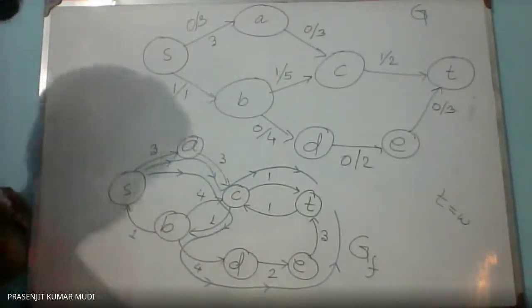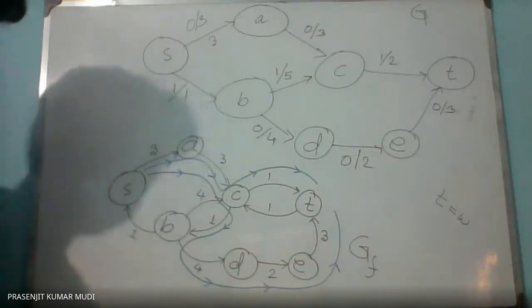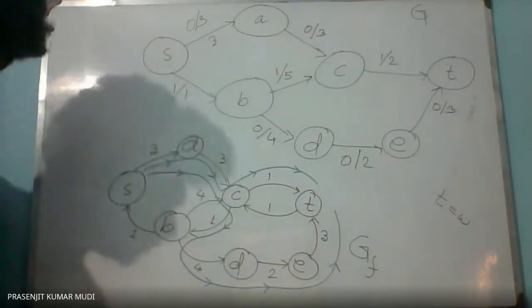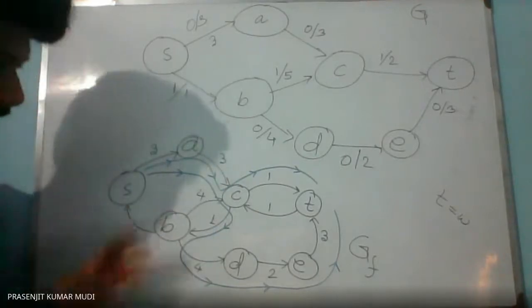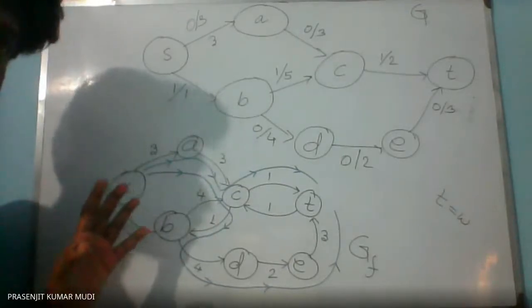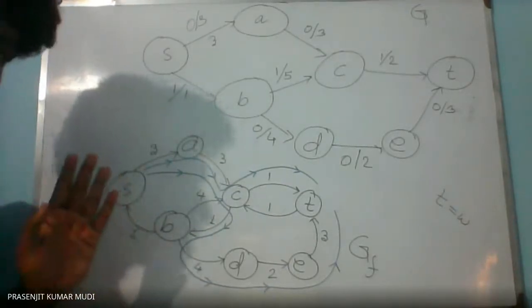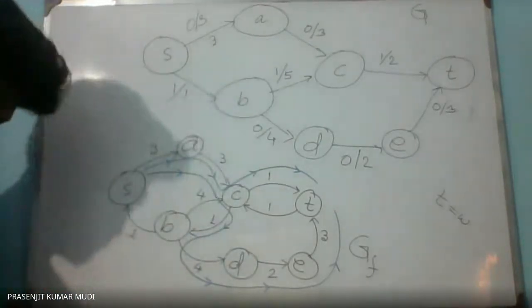Okay. So these are the two paths which we can find out. Both are paths from source to sink. These paths are supposed to increase the flow from source to sink.